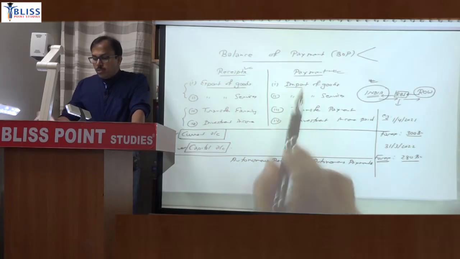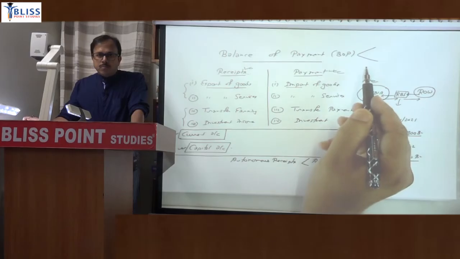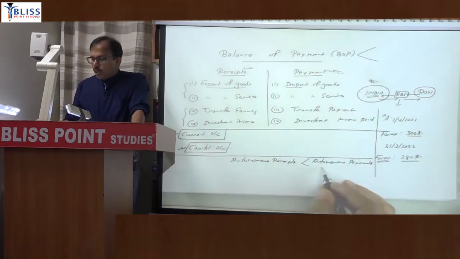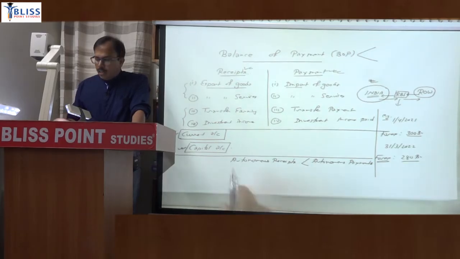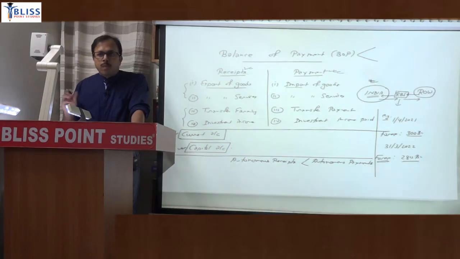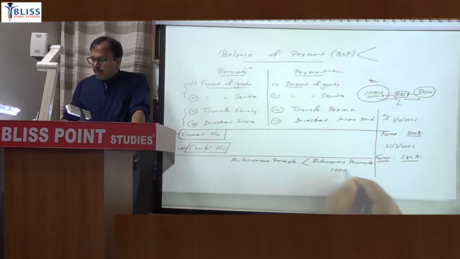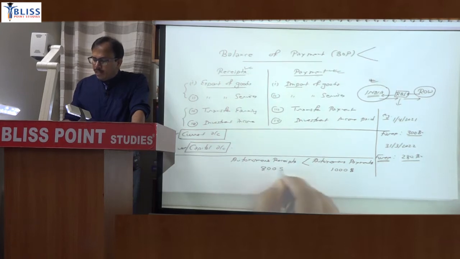Now you must recall that payment must be made in terms of the foreign exchange. So if autonomous payment is more, that means you need more foreign exchange to make payment, and we have less foreign exchange through our receipts. Suppose you require $1,000 for payment, but the autonomous receipts is only $800.